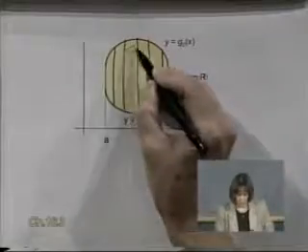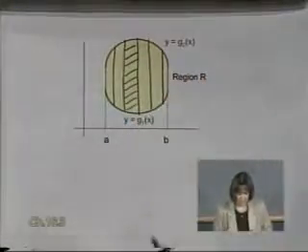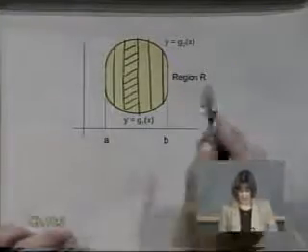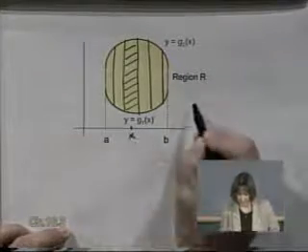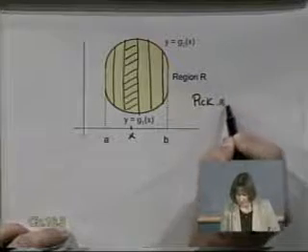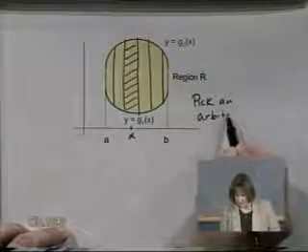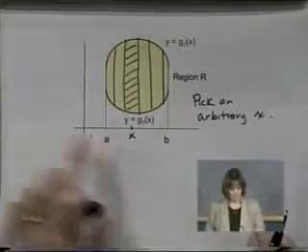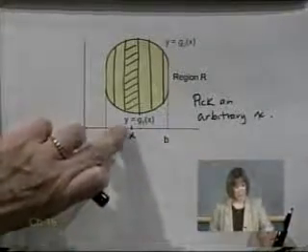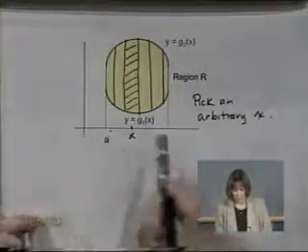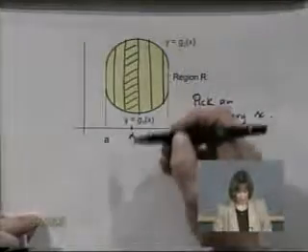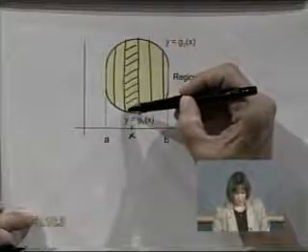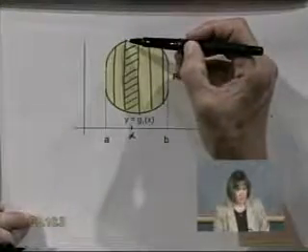If we look at one arbitrary strip, you pick an arbitrary x in the region between A and B. Pick an arbitrary point between A and B. And notice no matter what point I pick between A and B, y is always going from the green curve G1 to the red curve G2.